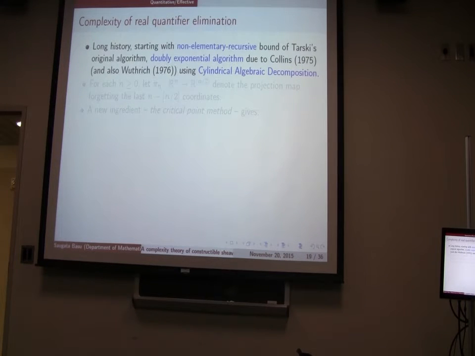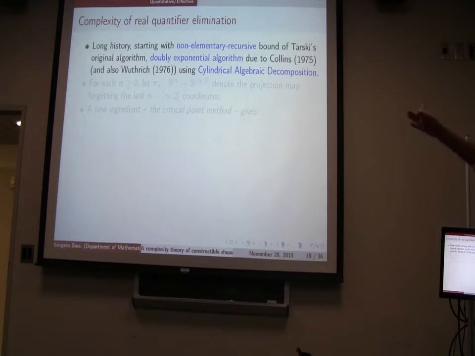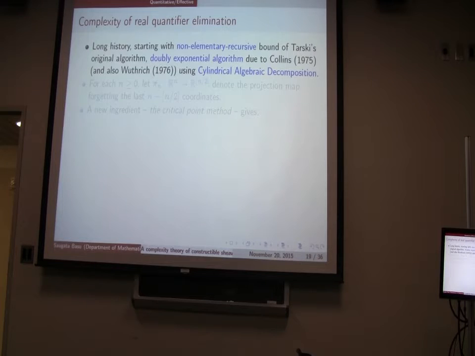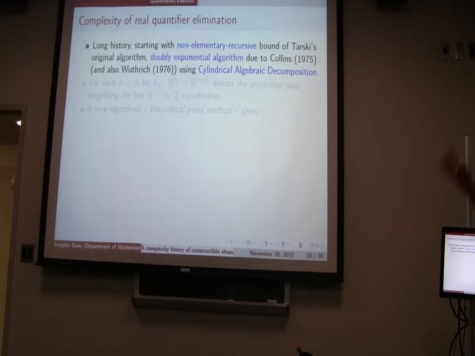Tarski's theorem was, of course, itself effective. So there's an algorithm, but it has very bad complexity. A doubly exponential algorithm, following from something called cylindrical algebraic decomposition, was given by Collins, and simultaneously by Utrecht, who wrote a thesis that I think was not published.